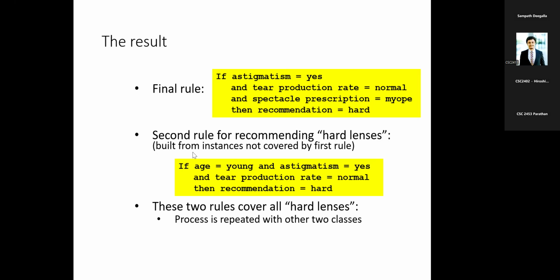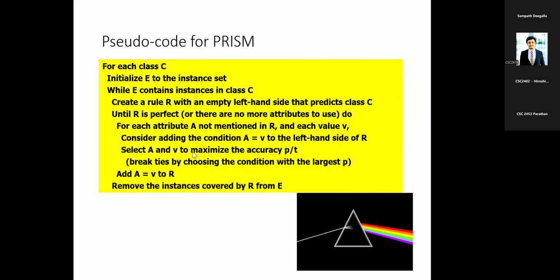Okay, summary. What we have observed is called the PRISM algorithm. The algorithm PRISM goes through every class. For each class C, you assign the whole instance set.